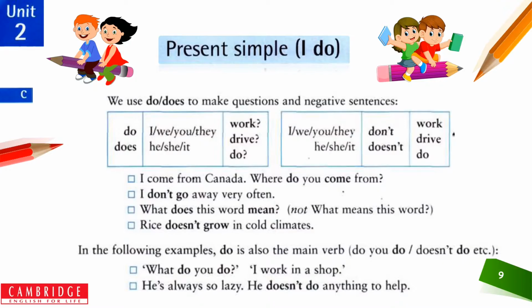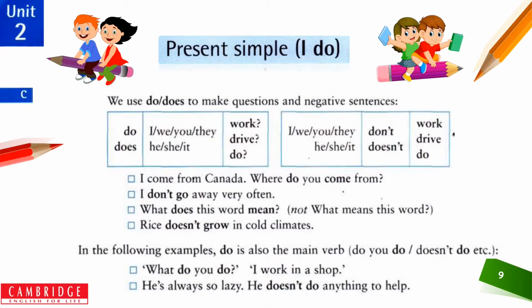Students, here we are going to learn how to make questions and how to write negative sentences. We use do or does to make questions and negative sentences. For example, here you can see there are two tables. The first table you have questions, the second table you have negative sentences. First, you need to understand structurally how they have been written.